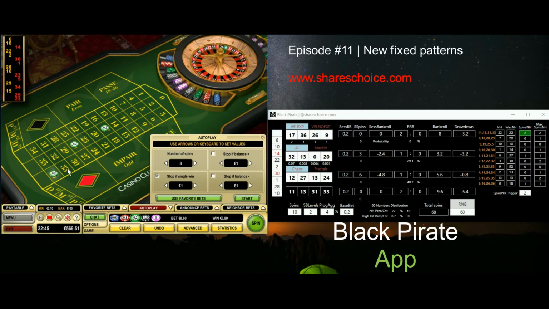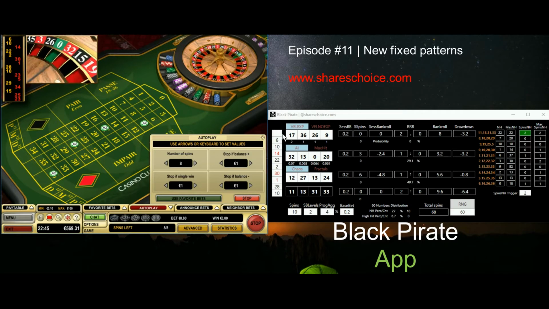use them for betting. As you can see, I now also have a setup spins non-hit trigger. Maybe just for your understanding, you can see the spins is 10 spins and SB levels 2.